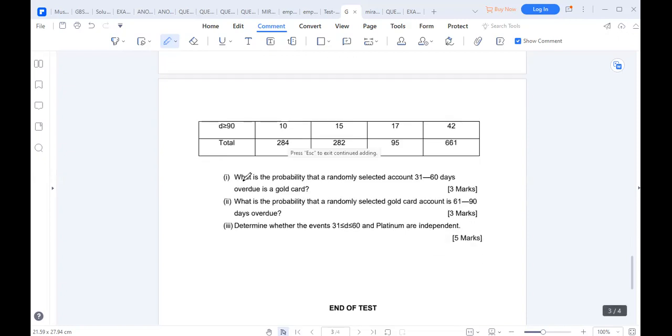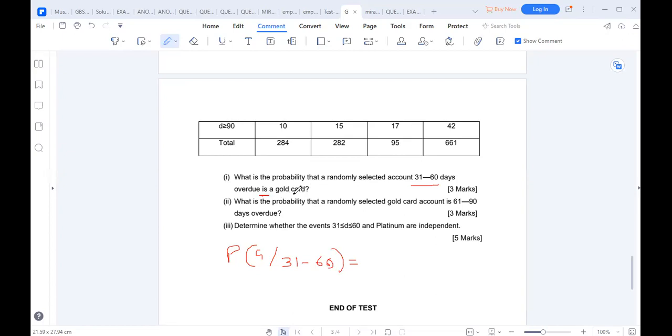Now the question here: what is the probability that a randomly selected card, which is 31 to 60 days, is an overdue gold card? It is asking the probability of a gold card, so probability of G given 31 to 60. So you consider where the word is.